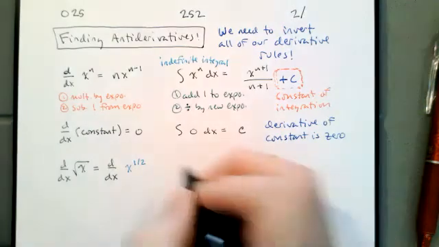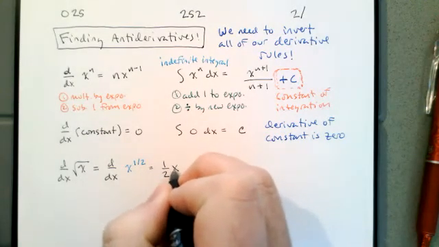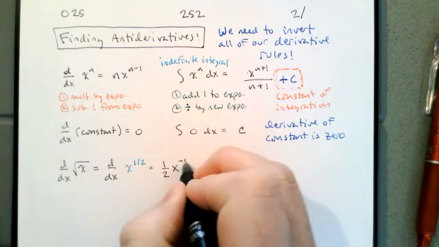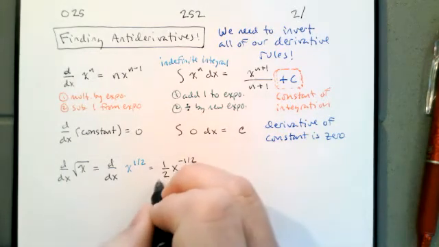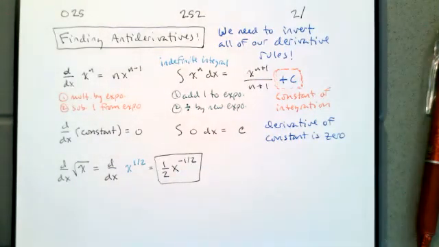So we're reading the square root of x as x to the 1/2 power. So the derivative will be, we put the exponent in front and subtract 1 from the exponent. So we read radicals as fraction exponents.